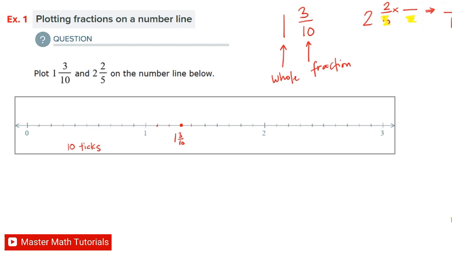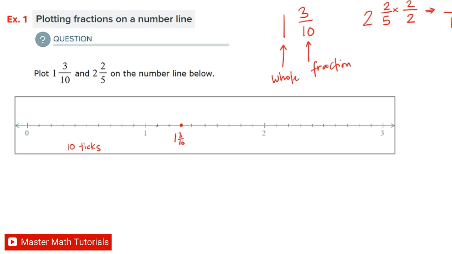So if we multiply 5 by 2, it will be 10. Now, since we multiply the denominator by 2, we gotta do the same on the numerator. Keep things balanced. We can't just change the denominator.